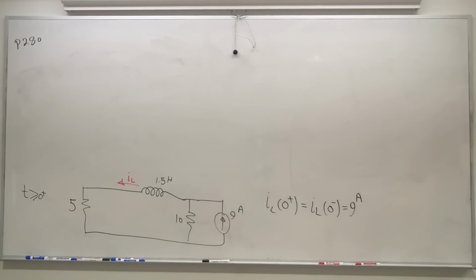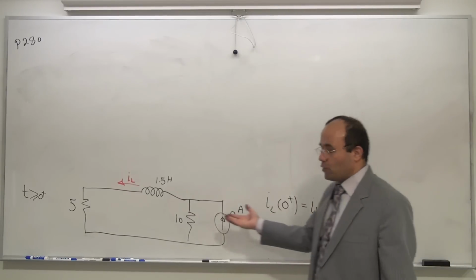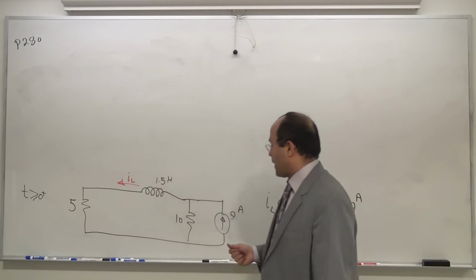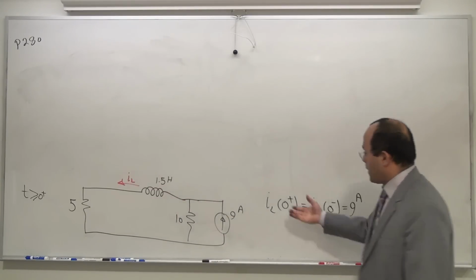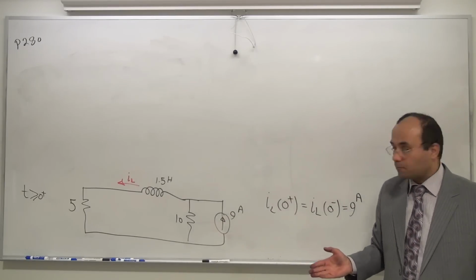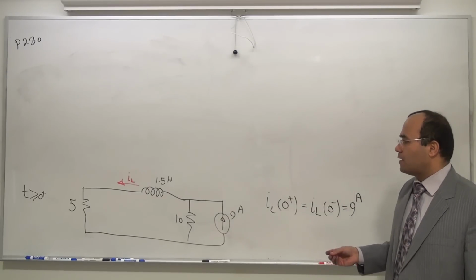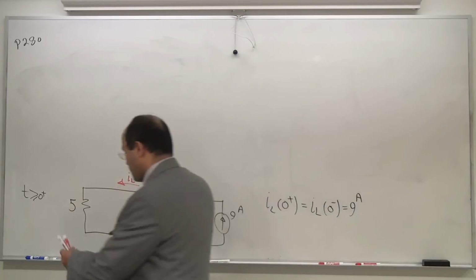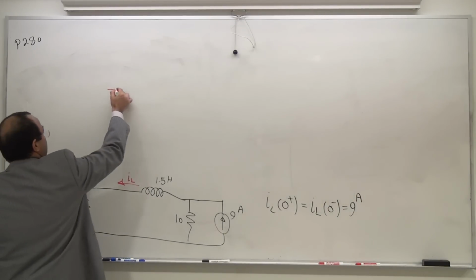Okay. Here is the case. The switching event took place already. I have the new topology, and I want to know IL of 0 plus. I already know IL of infinity. In order to find IL of infinity, I let the system go for a long time. The inductor is going to act like a short line again.